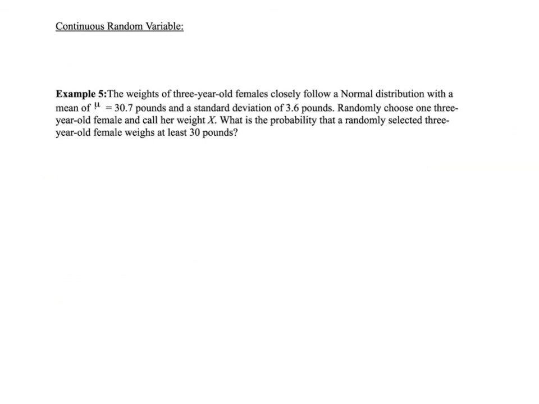So the opposite of a discrete random variable is what we call a continuous random variable. A continuous random variable is going to take on all values in an interval of numbers. And by all values, I mean all decimal points and fractions. You'll see this for something like heights.